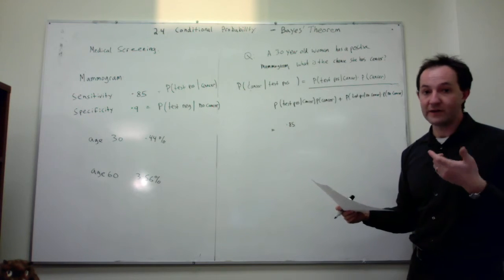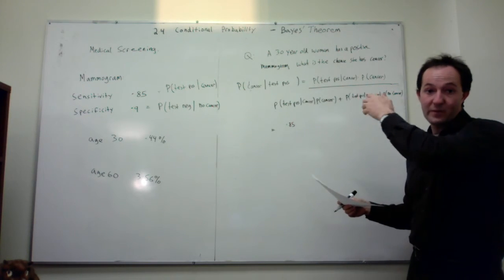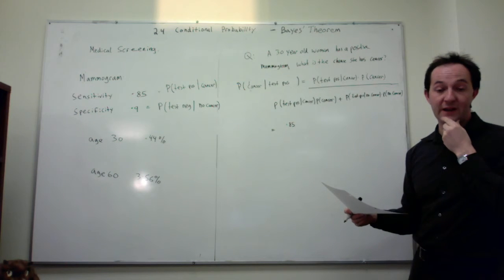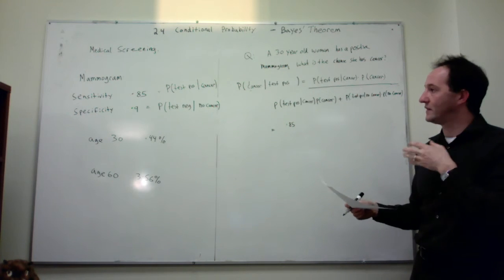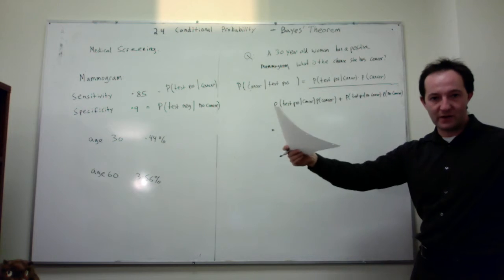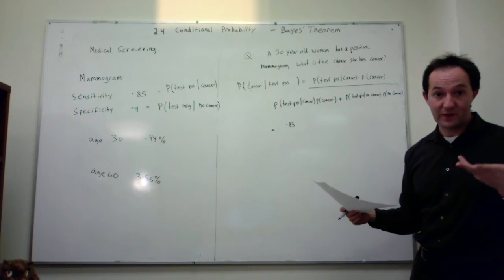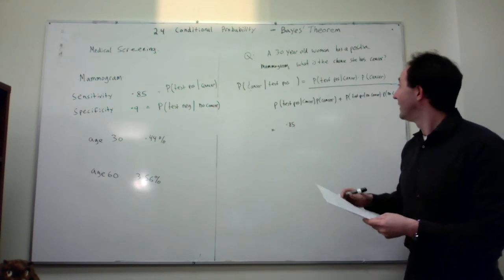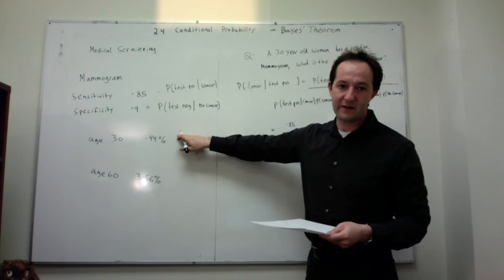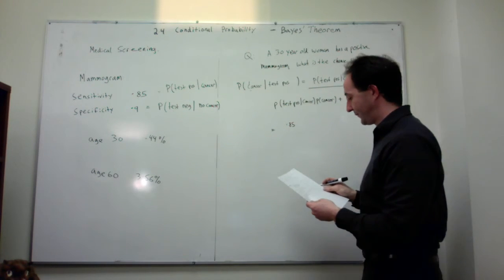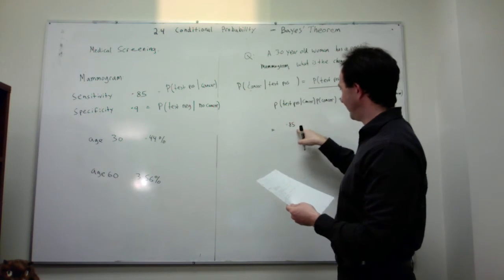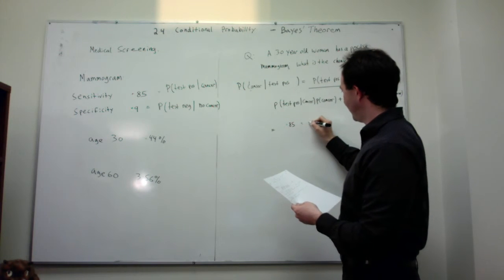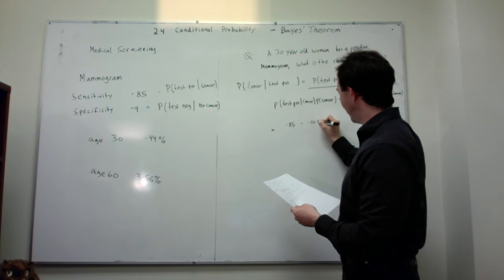You could include other risk factors other than age, but the primary one is age. So you can just say, among all 30-year-old women, what's the prevalence of breast cancer? I'm taking this data to say it's 0.44%. So this is 0.85 times 0.0044.